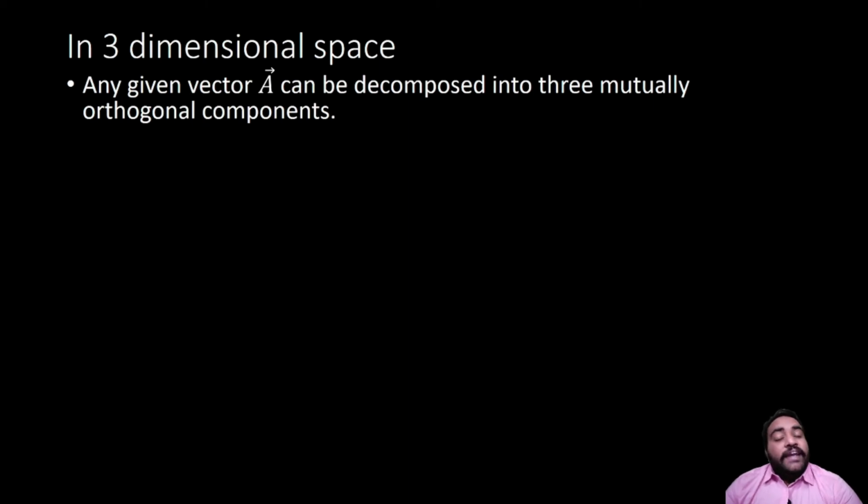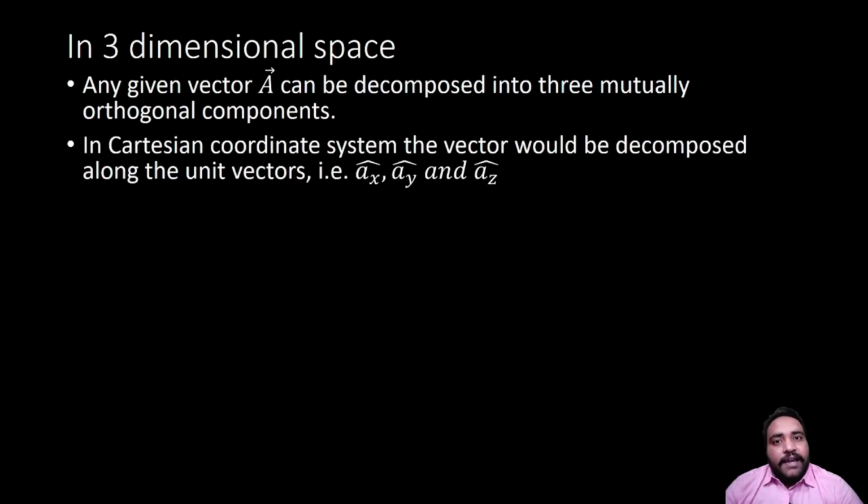Now, if it is a Cartesian coordinate system, then the components would be along ax cap, ay cap, and az cap.